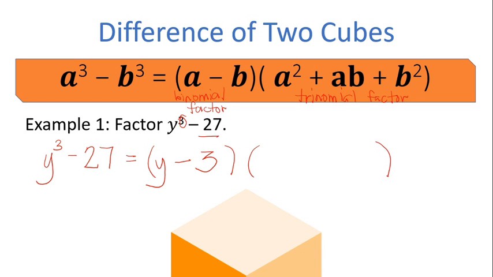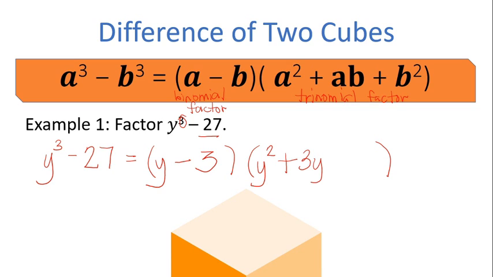First, square the first term of the binomial factor, which is y. We're now going to write y squared. Then, the opposite of the sign of the binomial factor, minus, the opposite is positive. To get the middle term, you're going to multiply the binomial terms or the terms in the binomial factor. Y times 3, the answer is 3y.